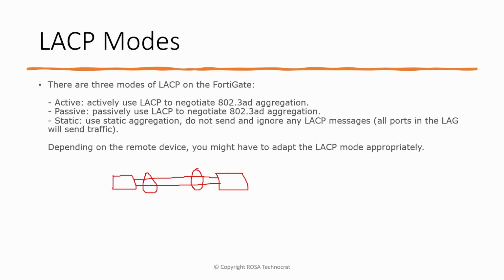When we bundle two or more interfaces together, it can be three or four interfaces bundled all together. The interfaces which are members of one aggregate interface are called the interface members. For example, port 1, port 2, port 3 are all members of lag 1. This is just an example.